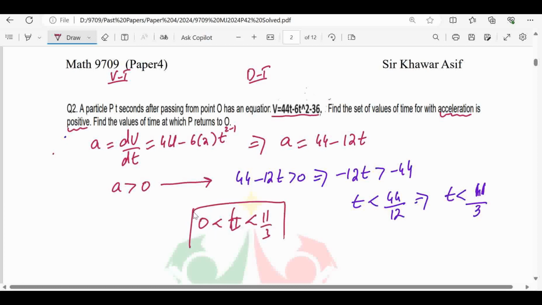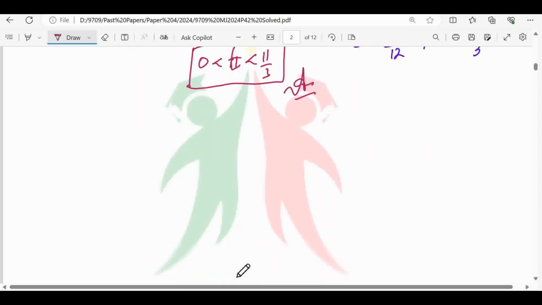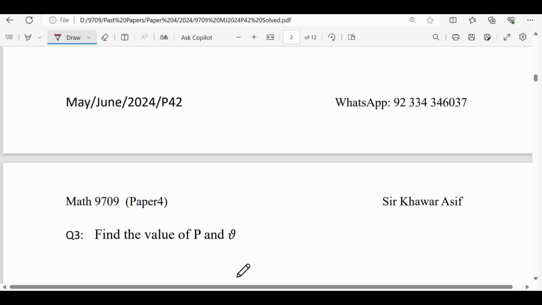This should be the final answer. I hope that the concept is clear. If you have any question, you can ask it in the comment section. Let's move to the next part.